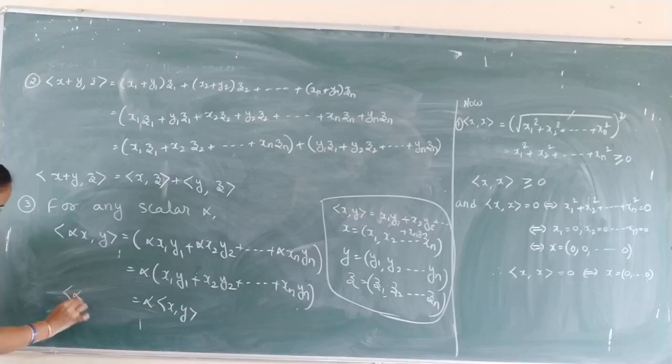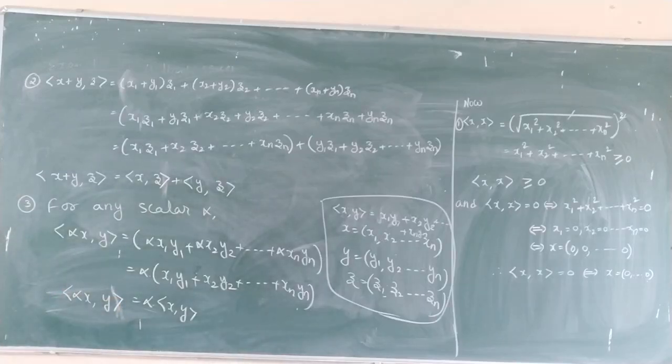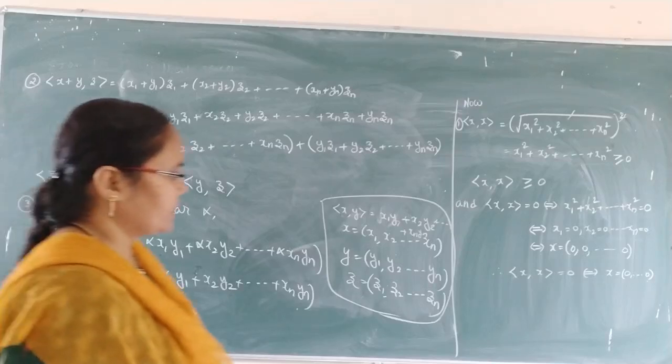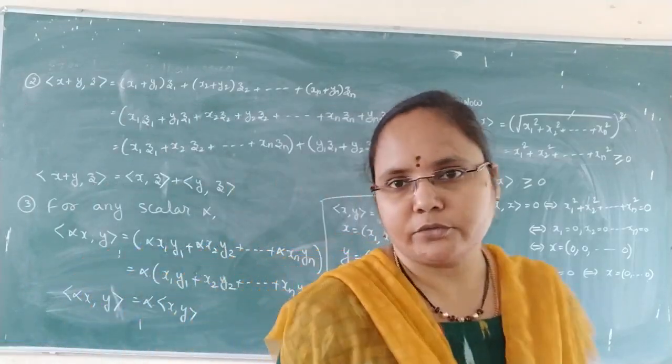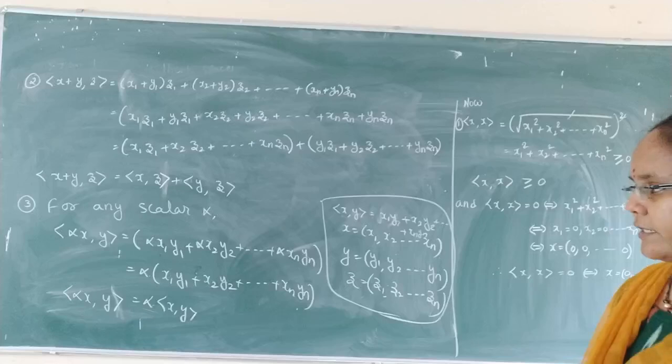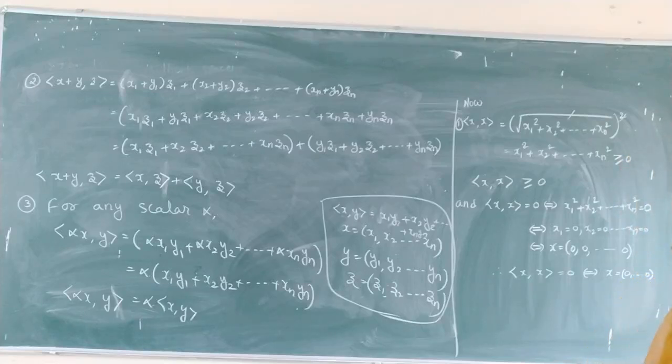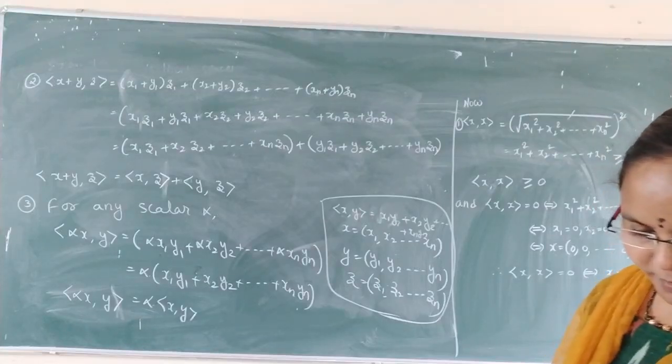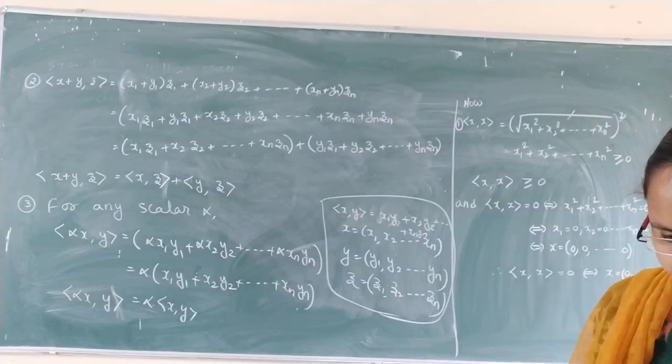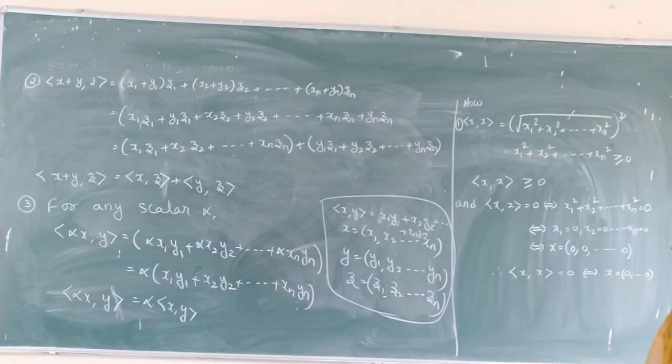This is, the inner product of alpha x comma y is equal to alpha into the inner product of x comma y. Next we will show the last property, the fourth one of the inner product space, that is the inner product of x comma y is equal to the inner product of y comma x whole bar. Okay.